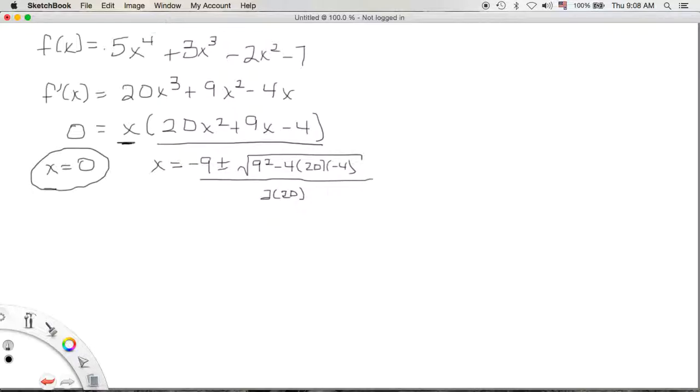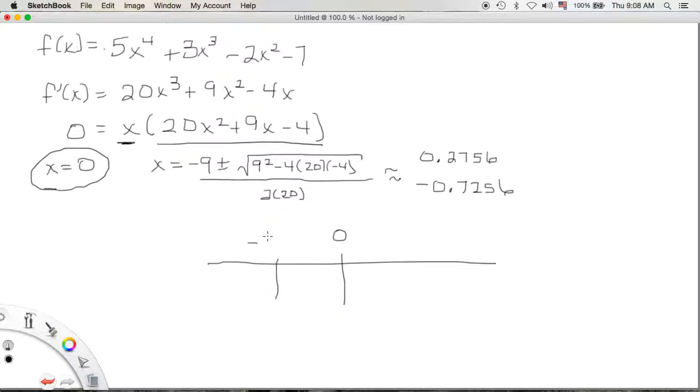So that gives us approximately 0.2756 and negative 0.7256. So these are our three critical points. So what we do is we make ourselves a little chart here. Remember, this is like a number line, and we've done this before.